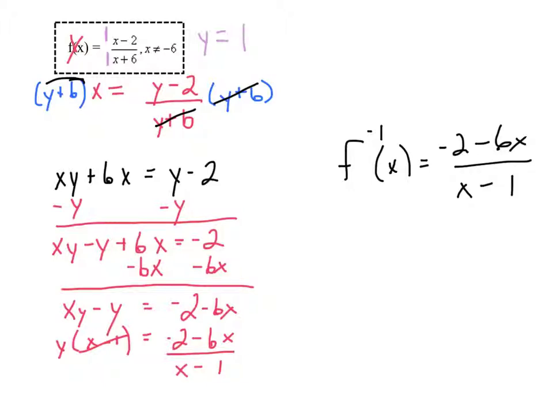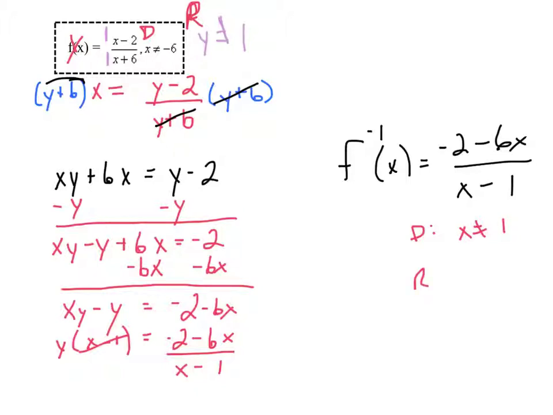And in fact, y can't be 1. If you graph this, it doesn't touch its asymptote. So y can't be 1. So we have a domain and we have a range. Well, over here in the inverse, notice that the domain is that x can't be 1, because that would make the bottom 0.